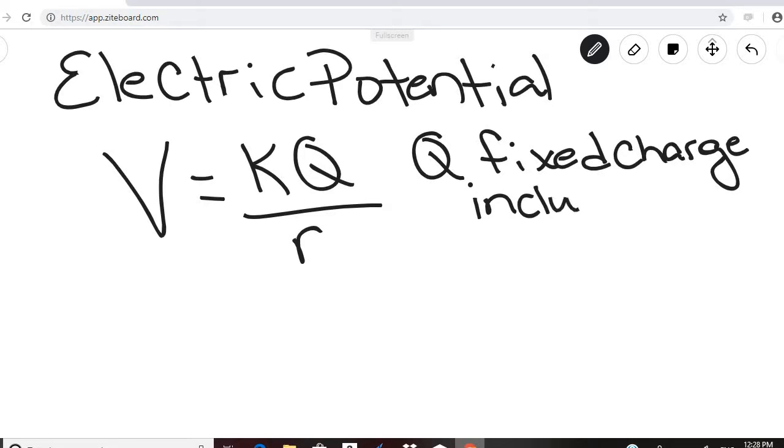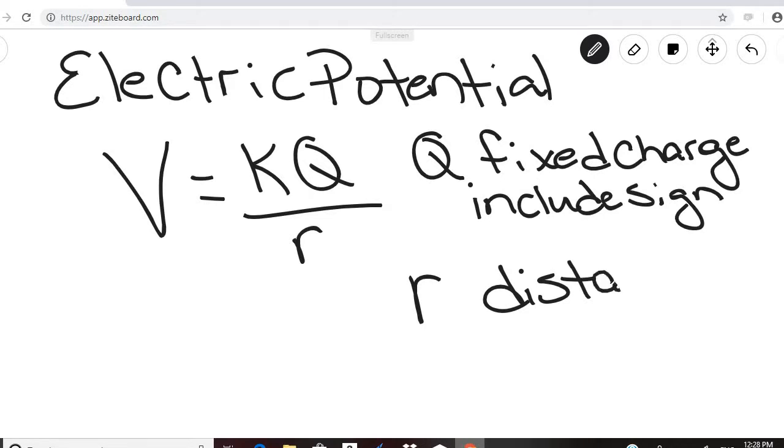Previously we have only included the magnitude. Now we need to include the sign, and we'll see why that is true in just a moment. And then R is the distance between the fixed and the stationary charge.